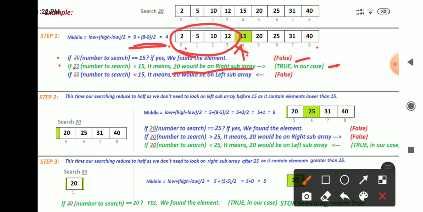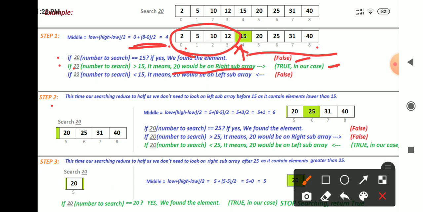In a single comparison we are skipping half of the elements. Imagine we have 10,000 elements and want to search for a single element: 5,000 numbers are already skipped in a single comparison when we choose the left array or the right array. So half of the portion is skipped, and we search for our element in the right half.